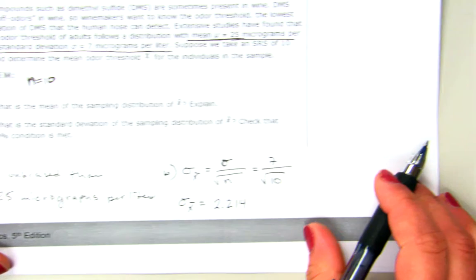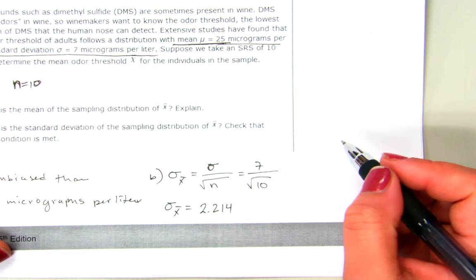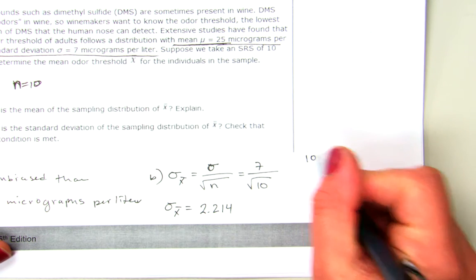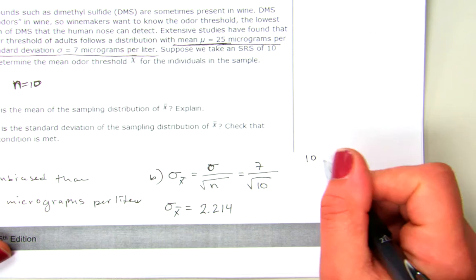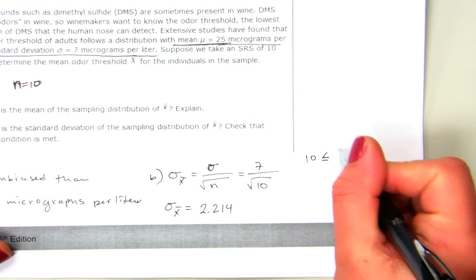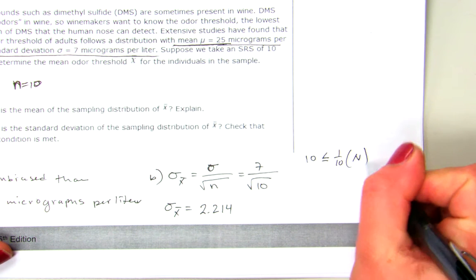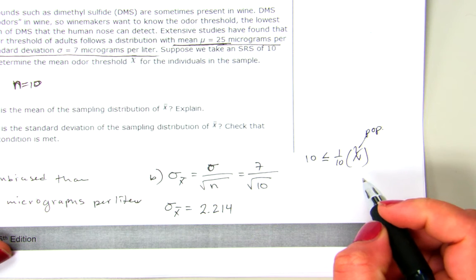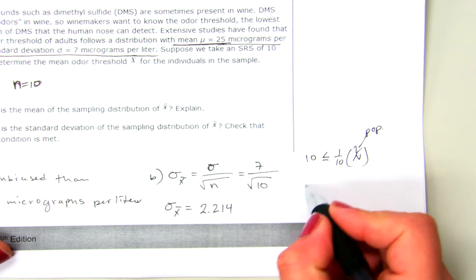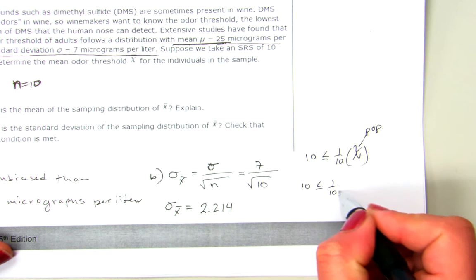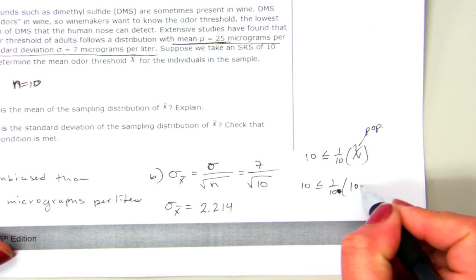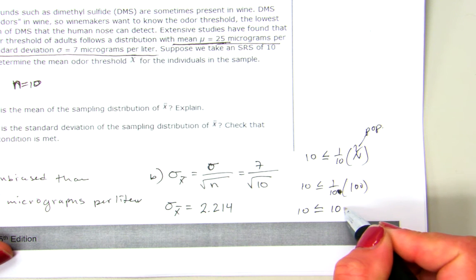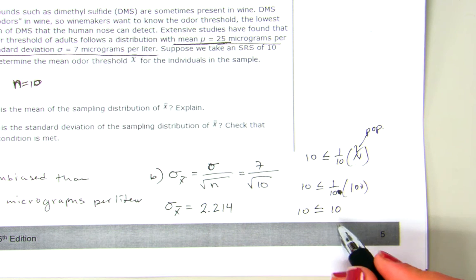All right, and then to check our 10% condition, the question basically is whether 10, which is the number of adults in our sample, is less than or equal to 1/10 of our entire population. We need at least 100 in the population, because 1/10 of 100 is going to give us 10.